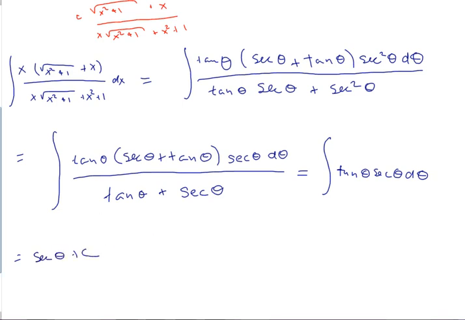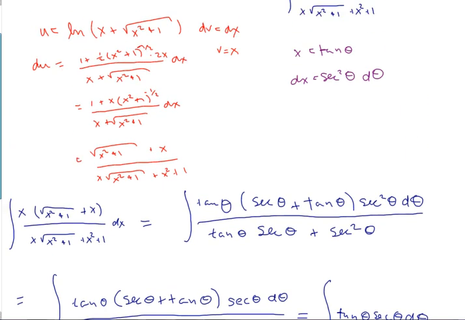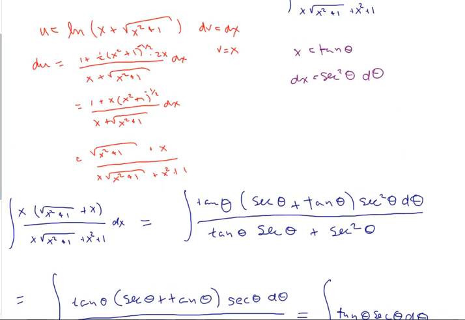And now let's go back up and solve for that. So going back to our purple, looking at our triangle, theta is the angle whose tangent is x, so that's x over 1, and this is going to be square root 1 plus x squared. Secant is hypotenuse over adjacent, right? So secant theta is square root 1 plus x squared.